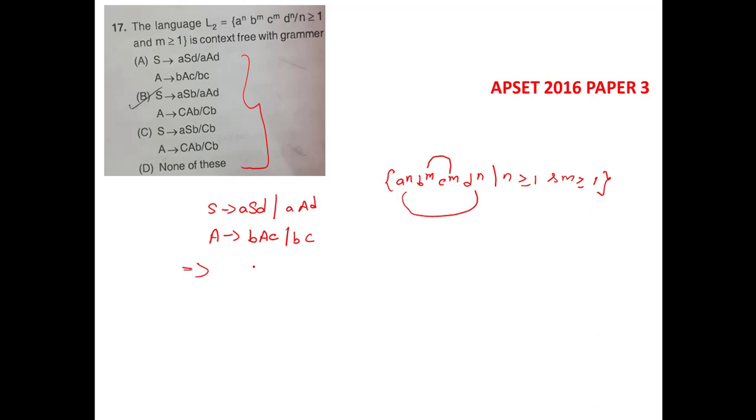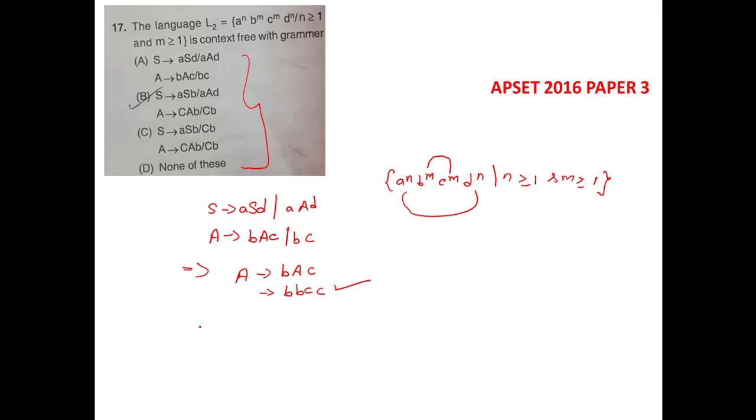Take the second production rule first, that is A tends to BAC. Now I am expanding this A by A tends to BC. Here I get all terminals, so I cannot expand anything because it doesn't contain any non-terminals. The number of B's and C's are equal here, so b to the power of m equals c to the power of m, and this is right.